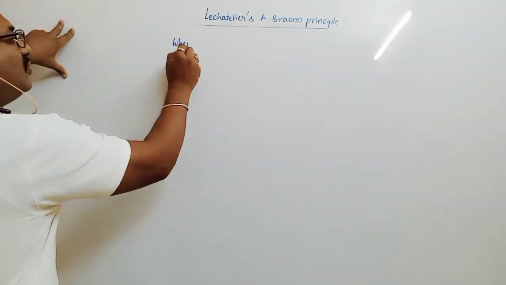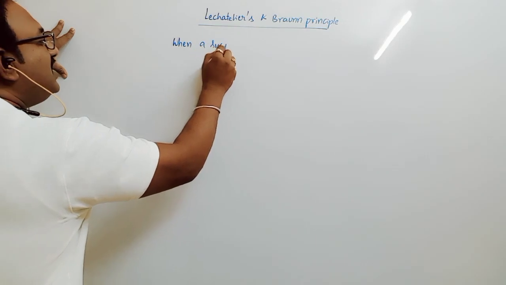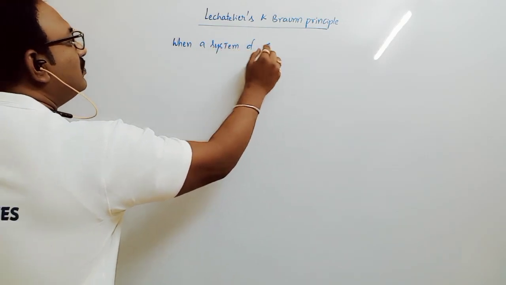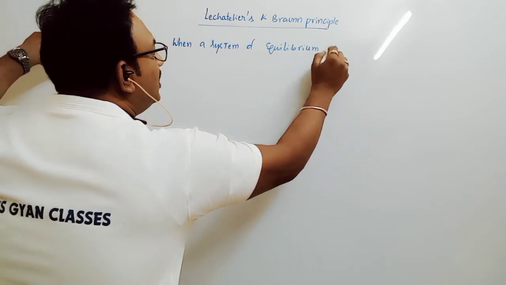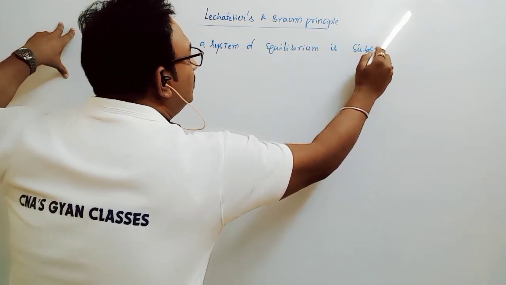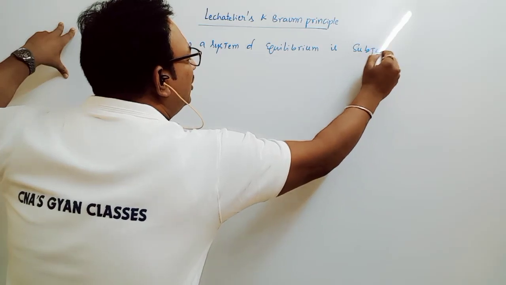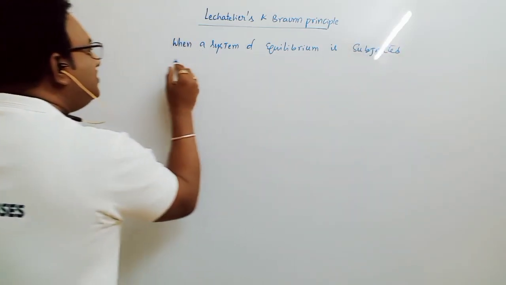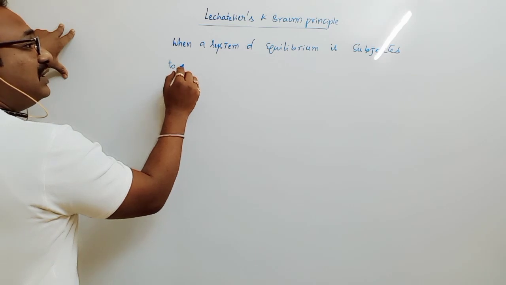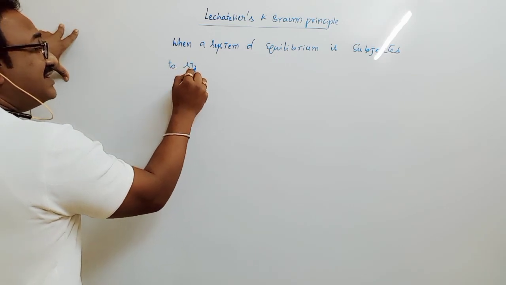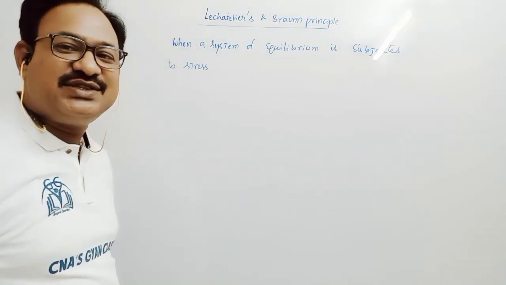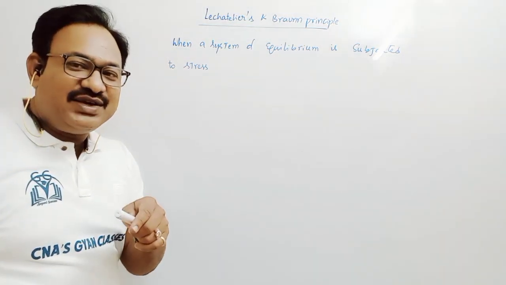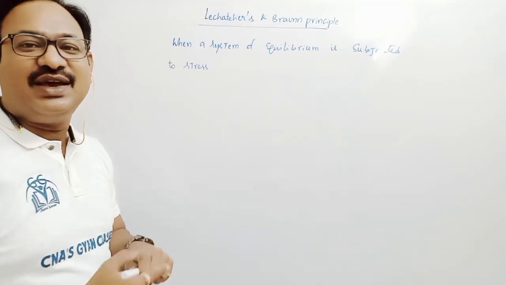Listen carefully. When a system at equilibrium is subjected to, better to say stress, subjected to stress. Sir, what is stress? The stress you people feel is not this stress, their stress is different, okay?